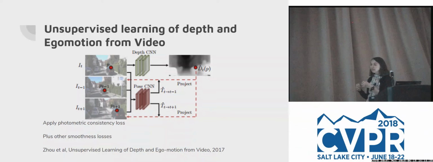So if I do that, I can take the depth and generate a point cloud of where things go in 3D, and then rotate it according to my ego motion. And if I project it back to the image space, I should obtain the next image that I would see after taking this ego motion.